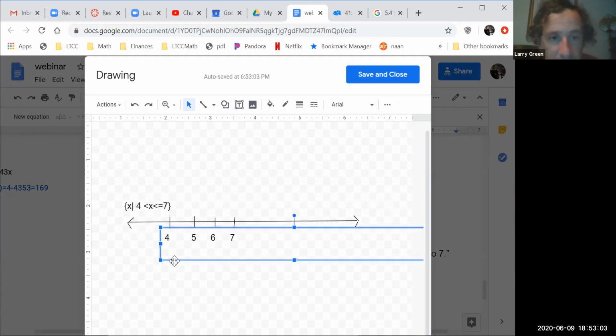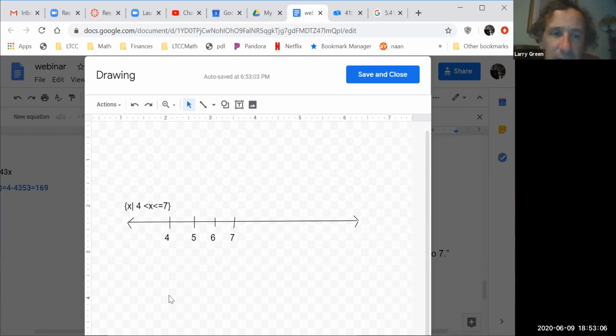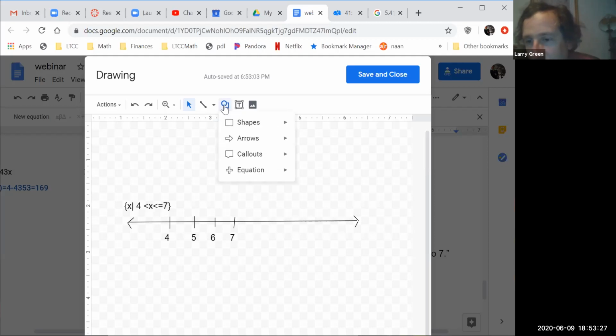Just to remind you. So how do we draw that number line? Do you remember? What do you put at 4 and what do you put at 7? Remember, it's been a while.